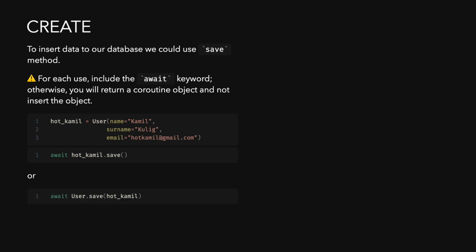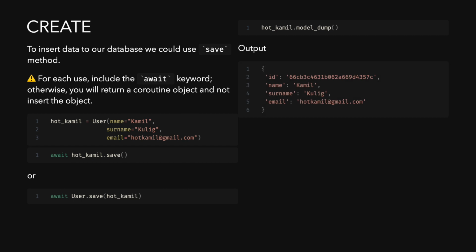Or if you prefer, use the class document. You can use User.save hot Kamil. The result will be the same. In hot Kamil, you can see that we have the ID, and it's awesome.